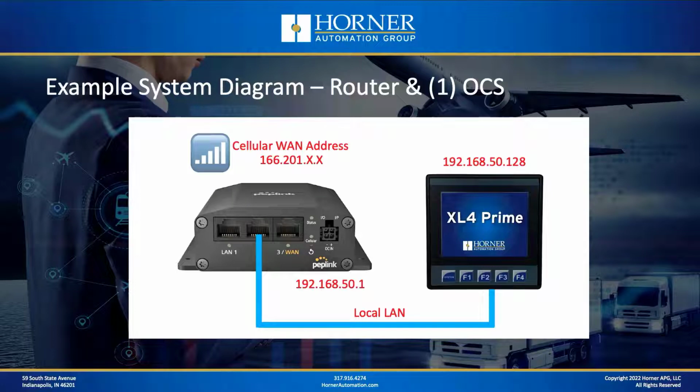And that OCS has an IP address of 192.168.50.128. So that's a local area network, a LAN address. And then also on that LAN, the cellular router sits on that LAN as well, and it talks using 192.168.50.1. Okay, so that's our system diagram for our router with a single OCS.